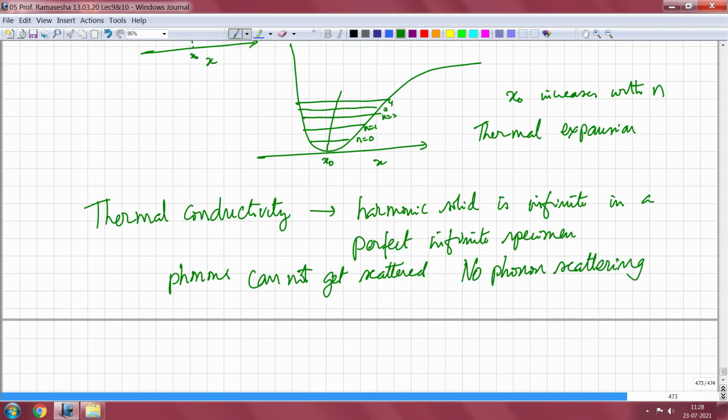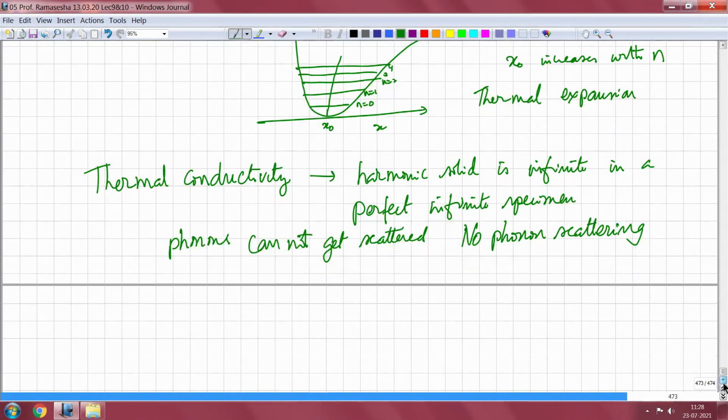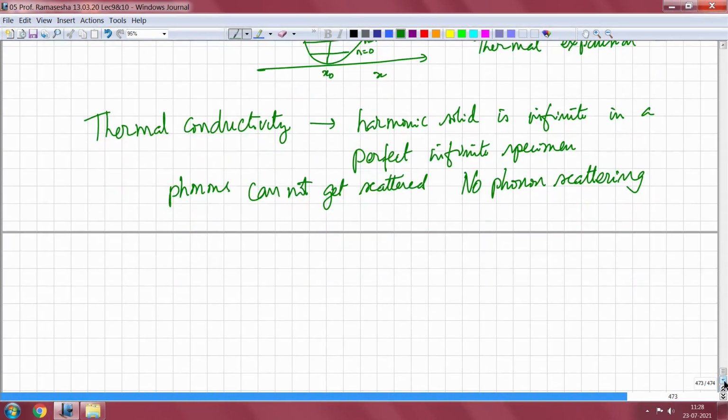And so we will have infinite thermal conductivity for a perfect specimen, but for a finite specimen there is scattering because in real specimens we have surfaces, we also have impurities. So these can scatter, but nothing else can scatter a harmonic phonon.